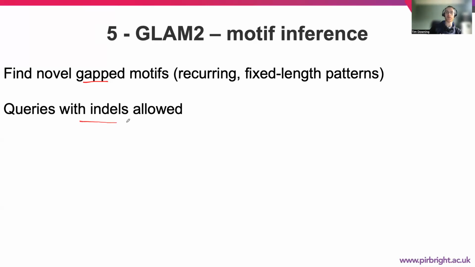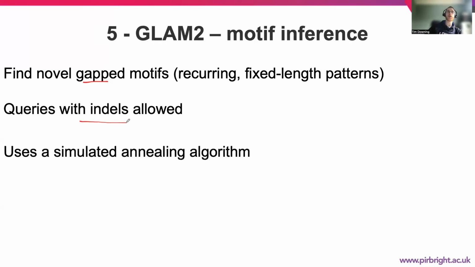It allows indels to be present and uses a simulated annealing approach to gradually tweak temperatures across the data set, making random changes to optimize the most likely arrangement of interest.